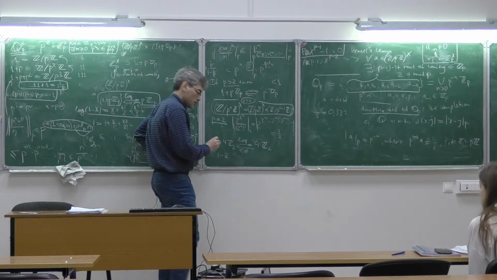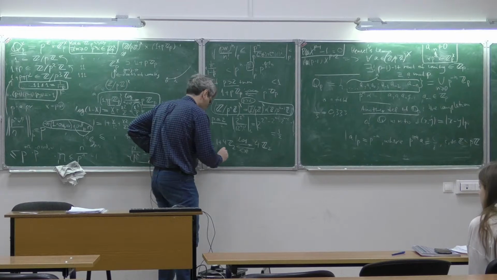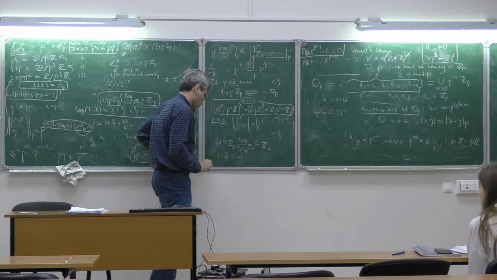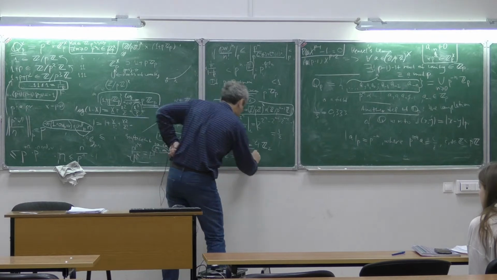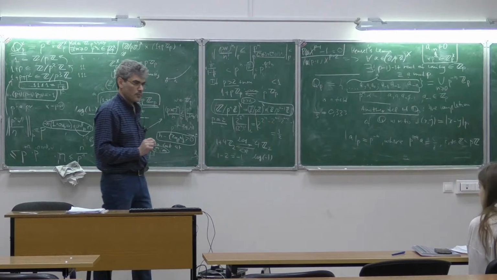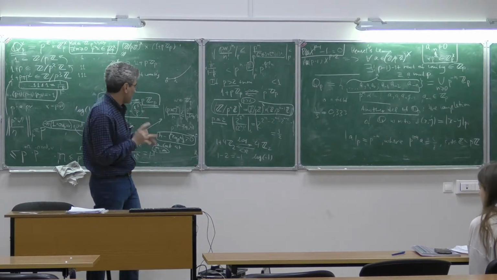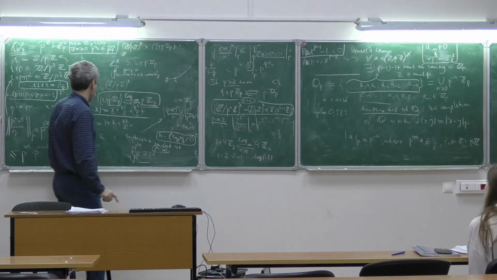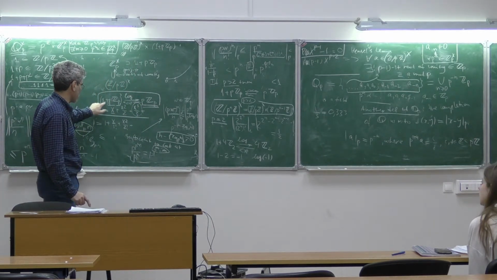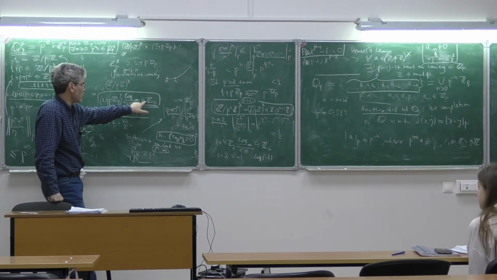Do you know what 1 minus 2 is? It's minus 1. And what is the logarithm of minus 1? You see that our logarithm is well defined here. It is a number divisible by p, by 2.